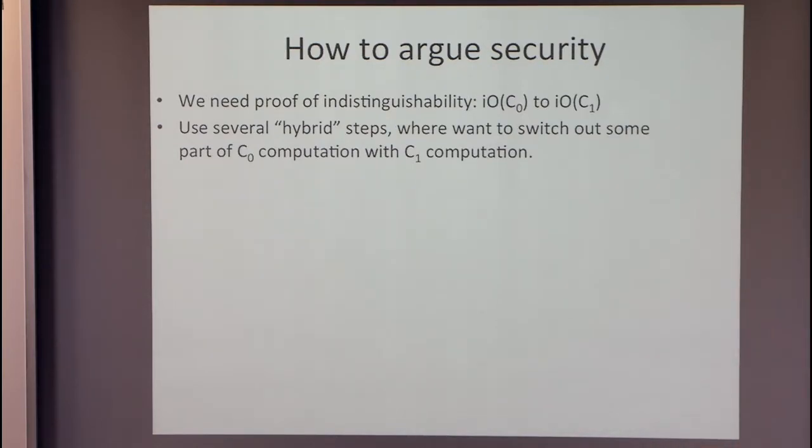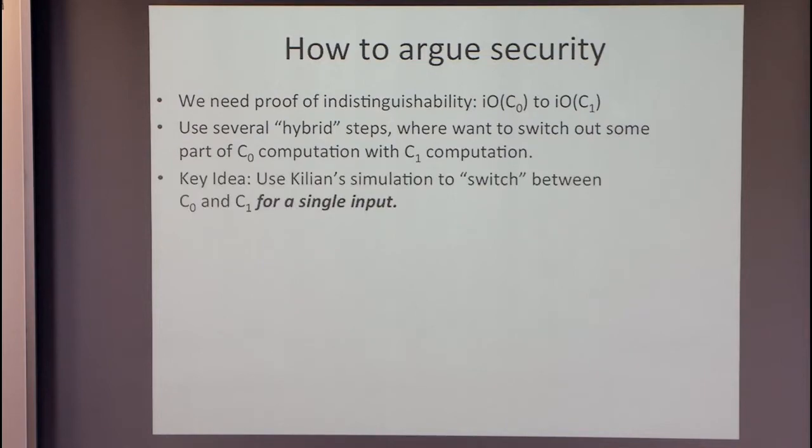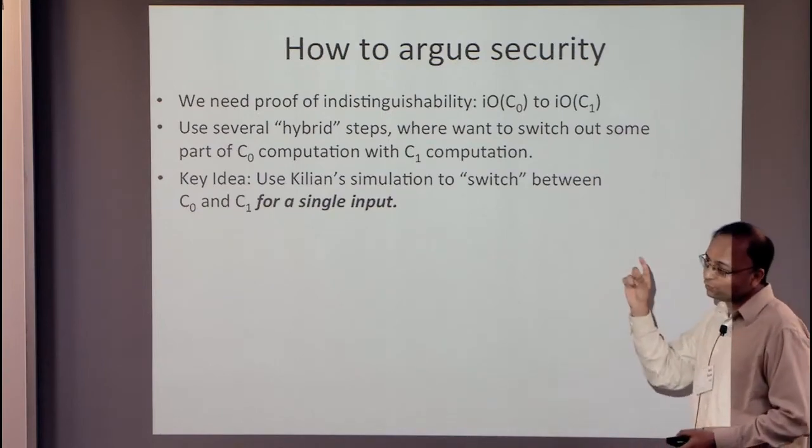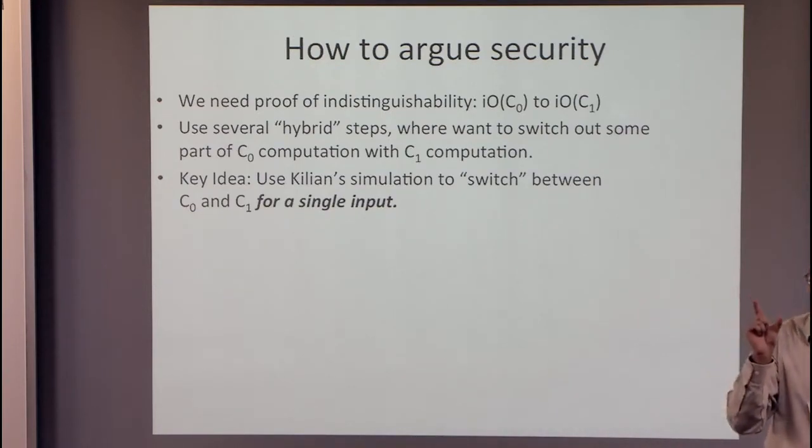The question is, how do we do it? So the key idea here is to use the one thing that we have in our hand, which is Killian simulation, right? We've already seen that when you're restricted to the matrices that are needed just for a single input, in that case, information theoretically, the matrices that correspond to C0 are identically distributed to the matrices that correspond to C1, right?